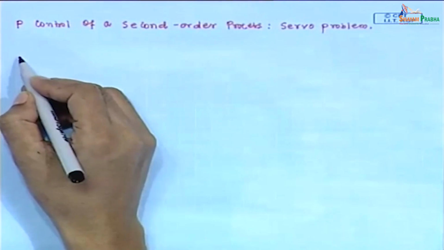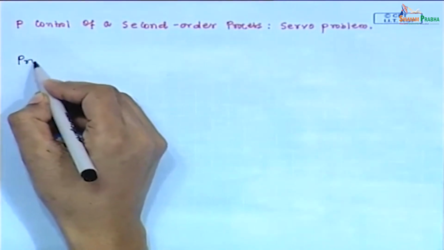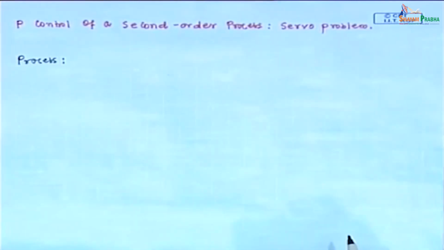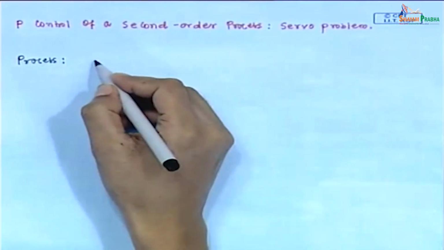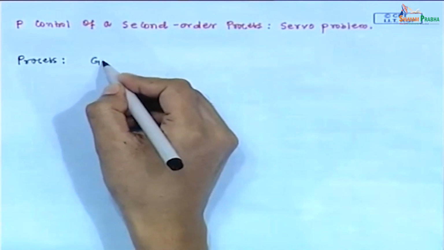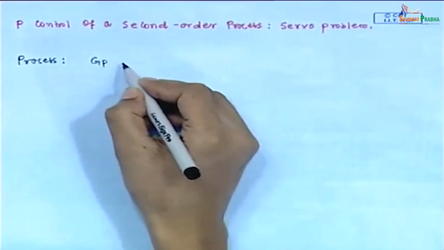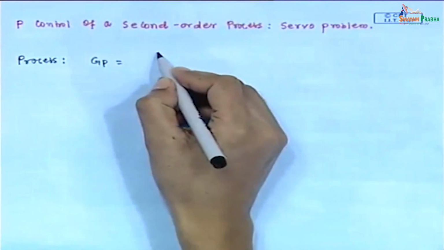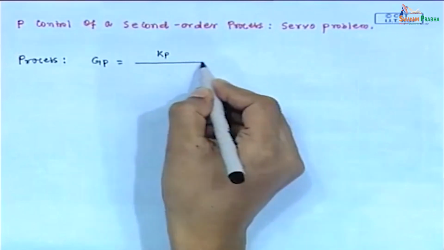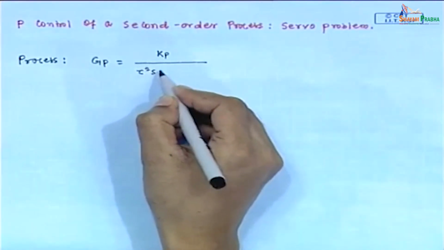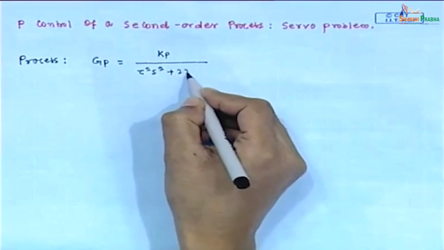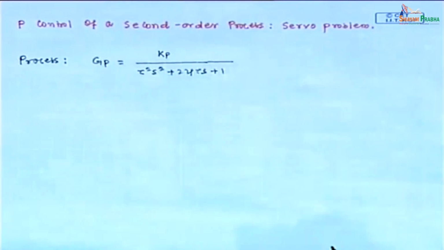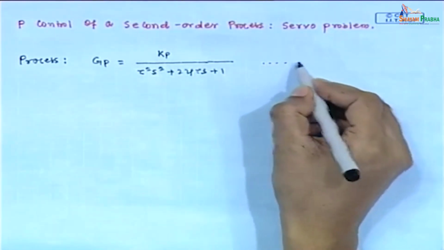So, what are the different elements of a closed loop process? The first element is the process, that is basically the open loop process. The open loop process with second order system has the transfer function Gp equal to Kp divided by tau square s square plus 2 zeta tau s plus 1. This is the transfer function of a second order process.